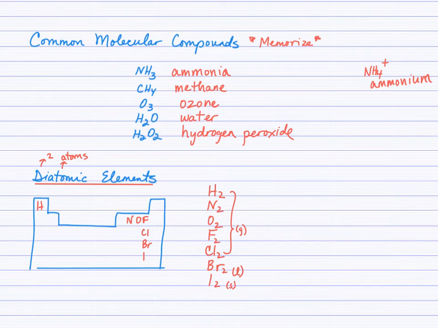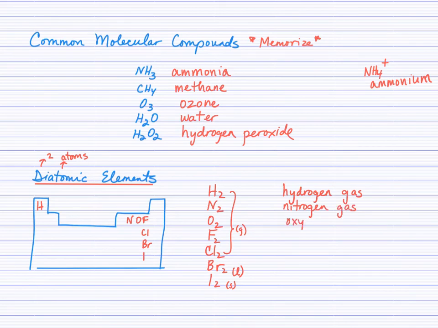When we write the formula of these diatomic elements, we write them exactly as I have here, H2, N2, O2, etc. And when we write their name, we just name them with the name of the element. So H2 is hydrogen, or hydrogen gas. N2, nitrogen, or nitrogen gas.